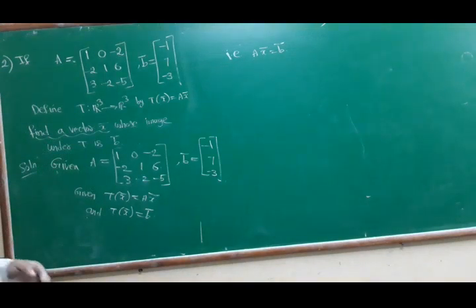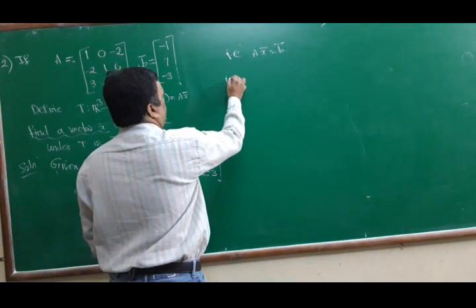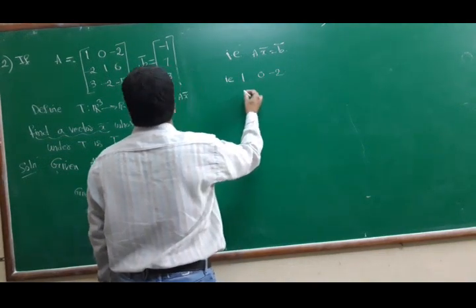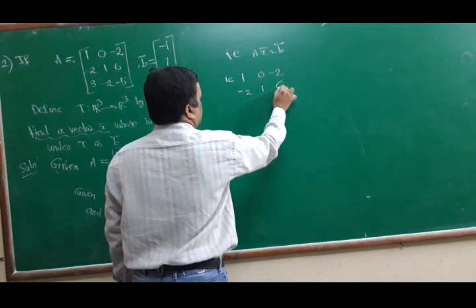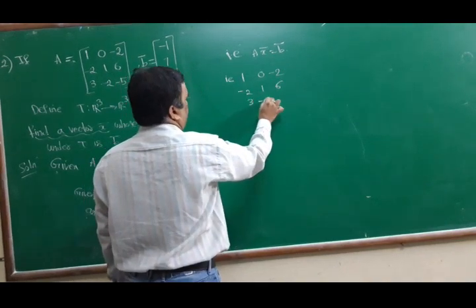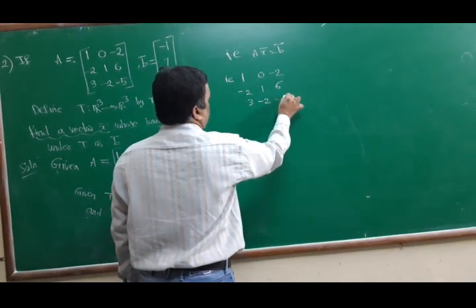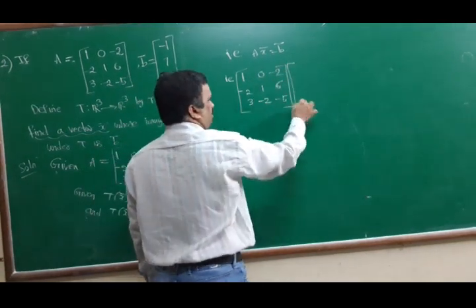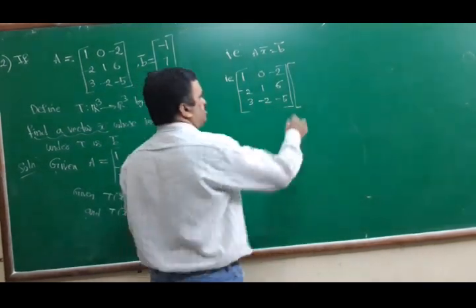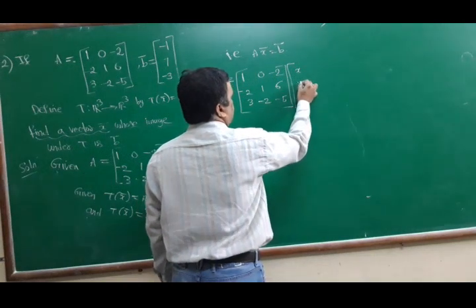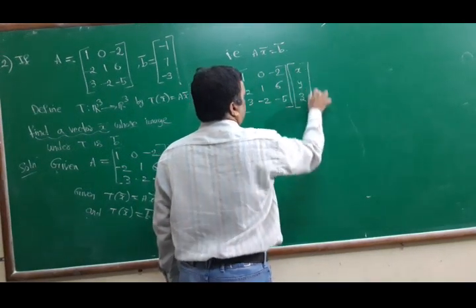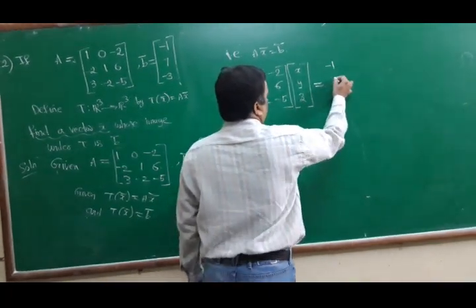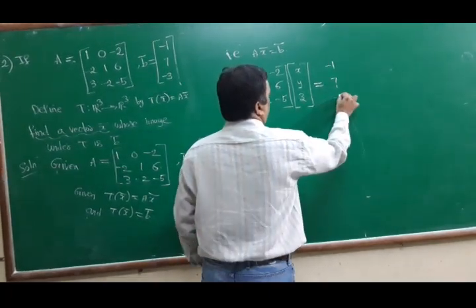That is, A, the matrix 1 0 minus 2, minus 2 1 6, 3 minus 2 minus 5, times x bar, where the variables are x, y, z, equal to b bar, minus 1, 7, minus 3.